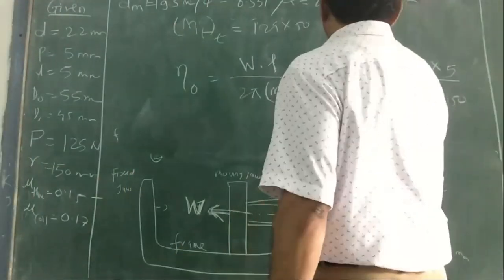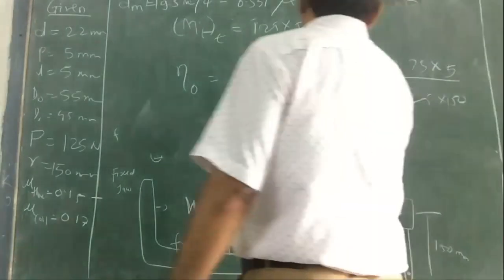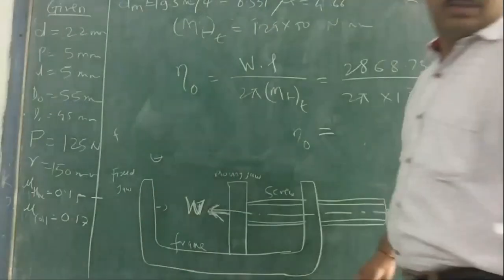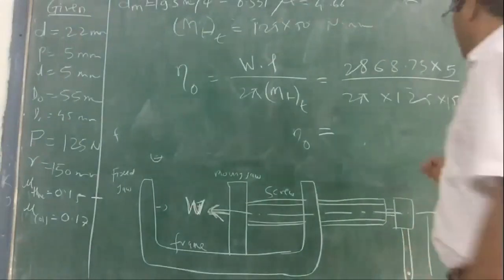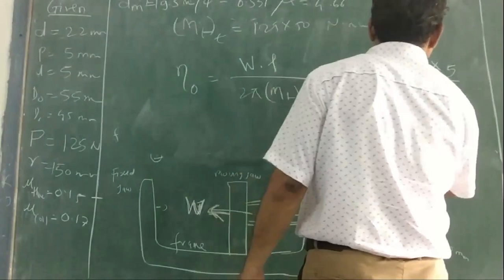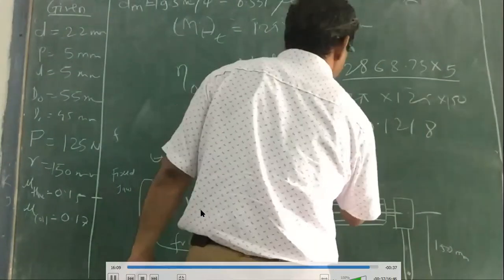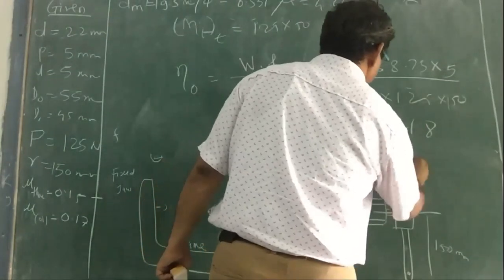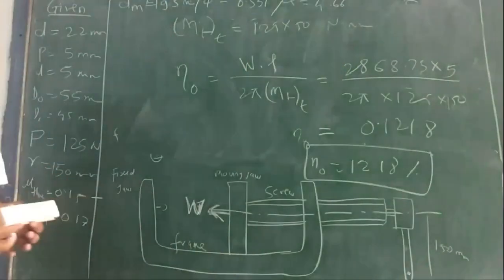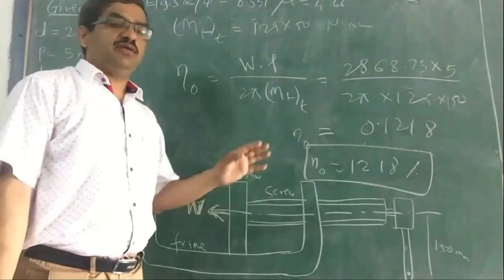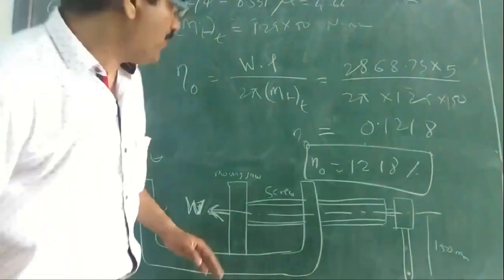So with this we will get overall efficiency as 0.1218. That means overall efficiency is 12.18%. So your screw overall efficiency is 12.18%. Okay. So this is how we will simply attack any C-clamp problem.